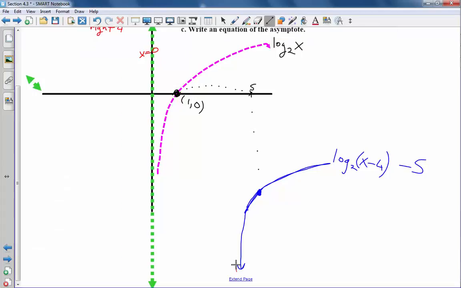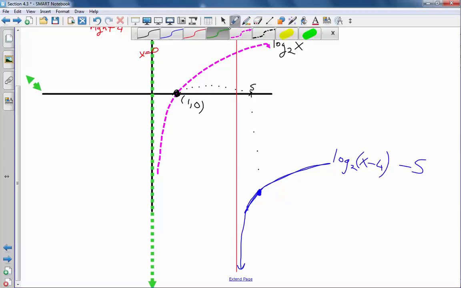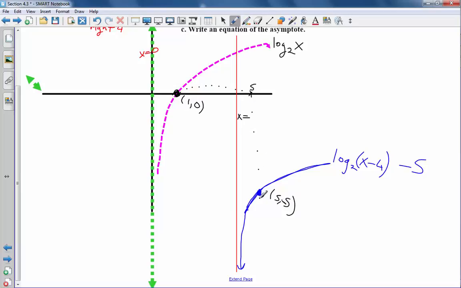It gets closer to something. Right? I want you to name it. What is the equation of this line? Anyone? 4. Do you agree? So where's this point? It's at (5, -5), because we went 5 down here.